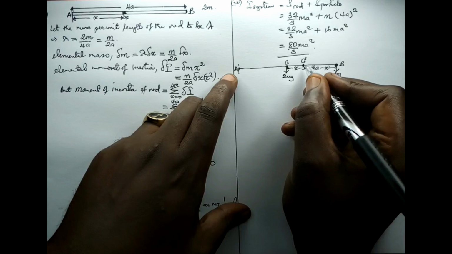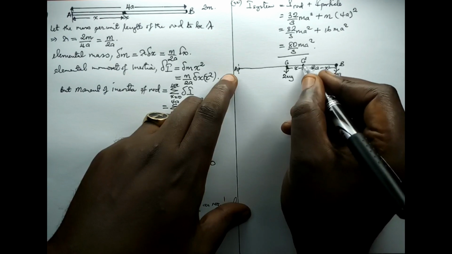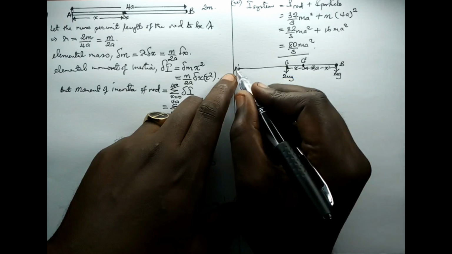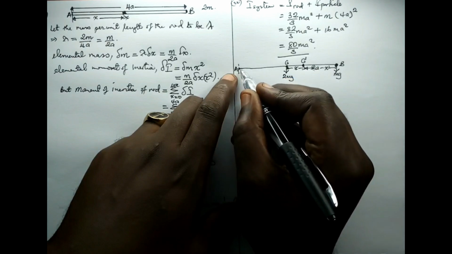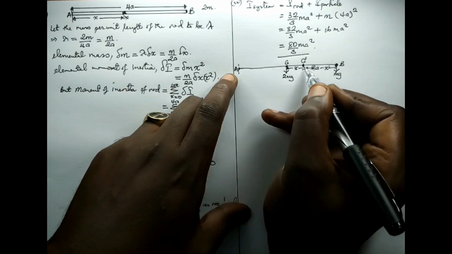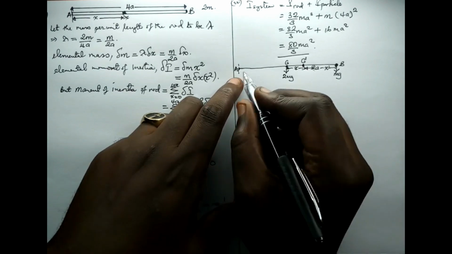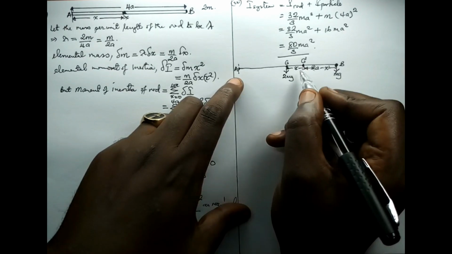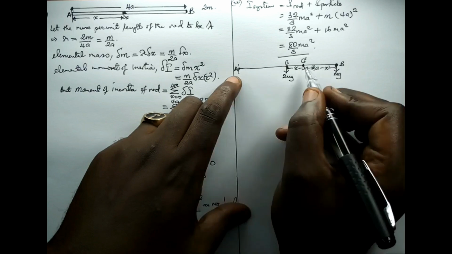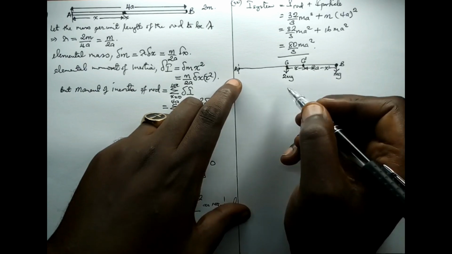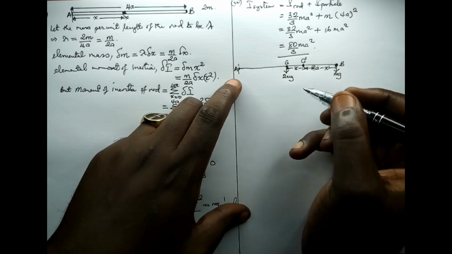So if the system begins to rotate, it is equivalent to the mass of 3m. That means the mass of the system, which is acting at that G prime, is distant from A by a distance which should be 2a plus x. I need to find that distance. That distance becomes my radius of rotation. So that is where the secret of the problem is. If you are able to get that radius of rotation correctly, then your analysis will not have any problem.